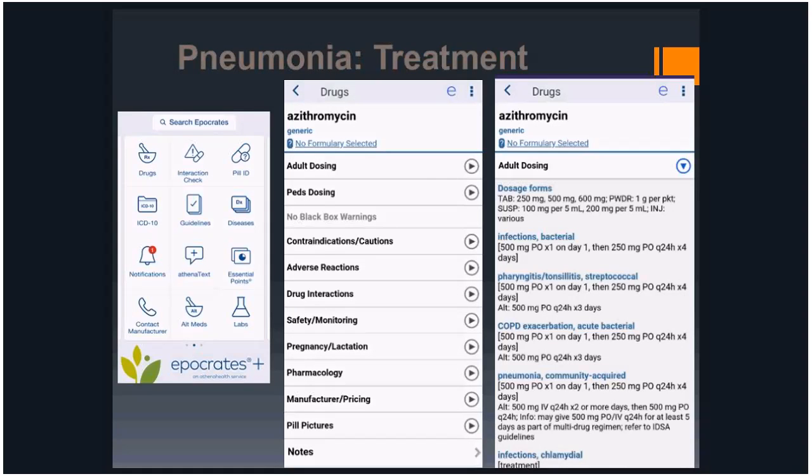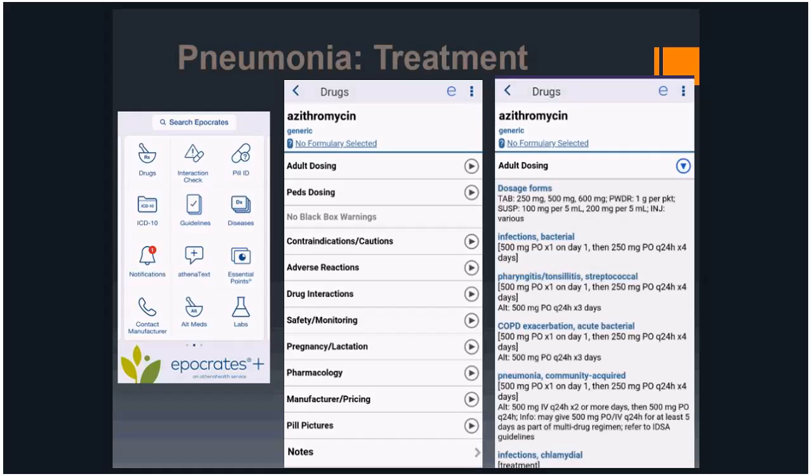I inserted this to show how you're able to also use the Hippocrates tool. Hippocrates is an app. They do offer a free version, and there also is a paid subscription which gives you access to all of the features offered through this product.